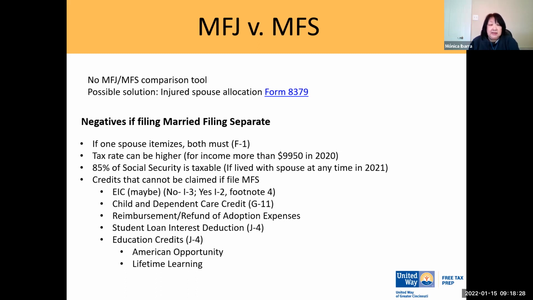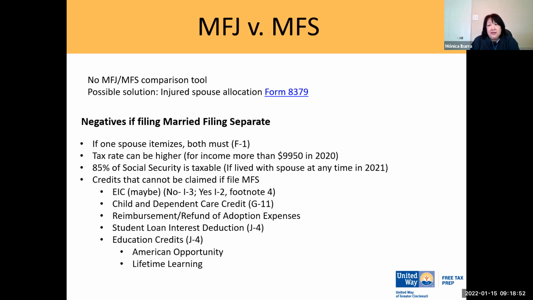Your tax rate can be higher if you file married filing separate. If you look at the tax tables, you'll start to see that the tax rates for married filing separate were higher. 85% of your Social Security is taxable if you lived with your spouse at any time in 2021. And that's a huge hit.